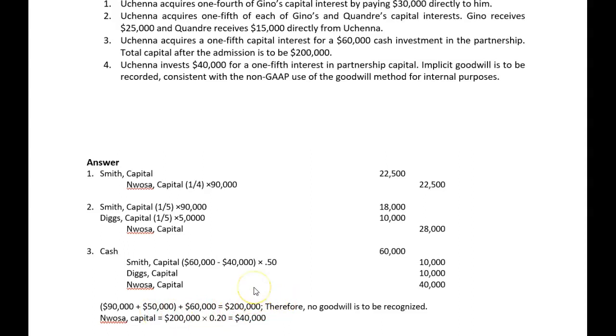There's no goodwill to be recognized because his 20% share times 200,000 will be valued at 40,000, and then each of the other partners gets assigned a bump of 10,000 for their capital accounts. So he is paying more for the 20% that he's getting, but we're handling it as a change in the other capital accounts.